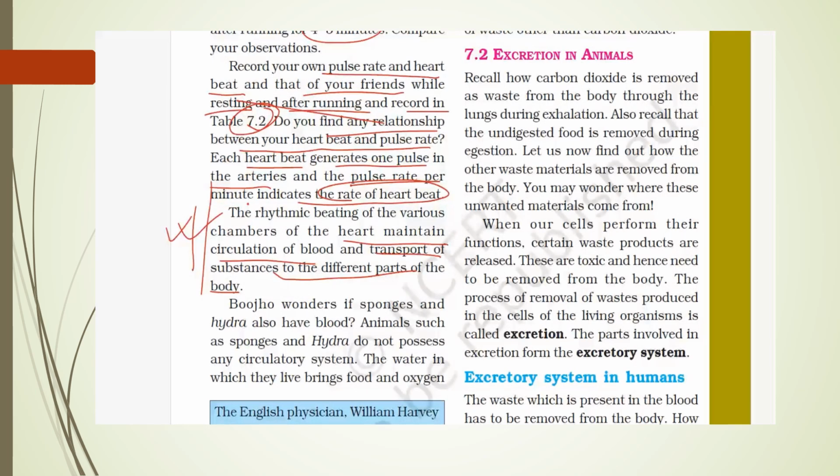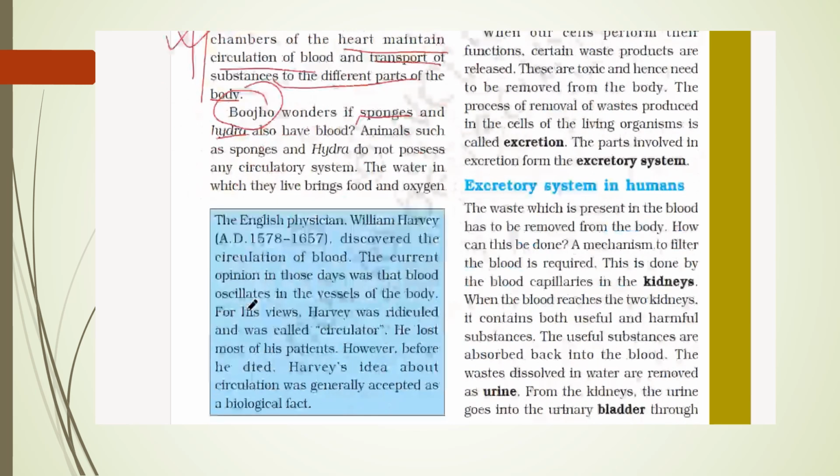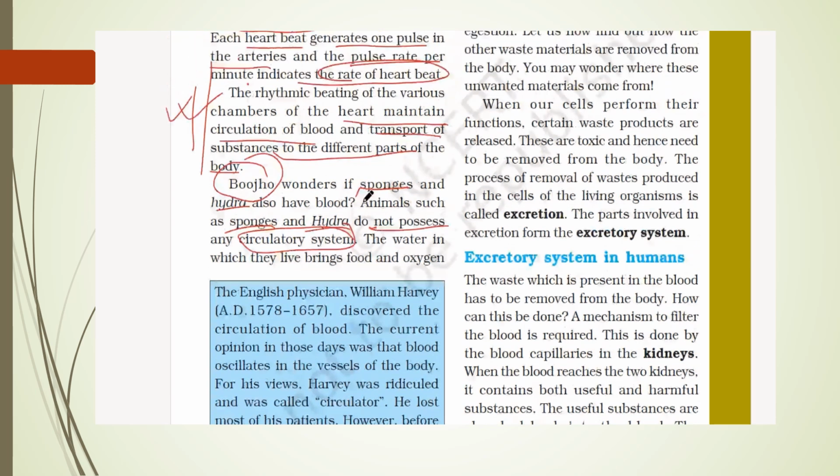Is it clear to all of you till now? Now, Bujo has a question: do sponges and hydra have blood as well? Animals such as sponges and hydra do not possess a circulatory system. The water in which they live brings food and oxygen.